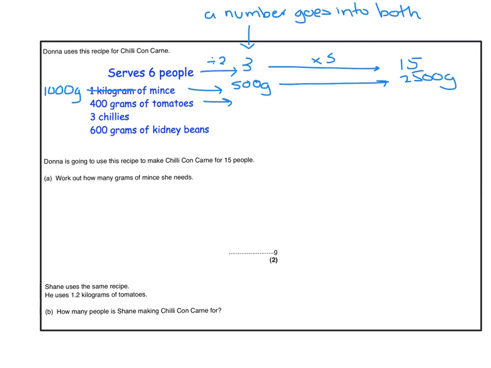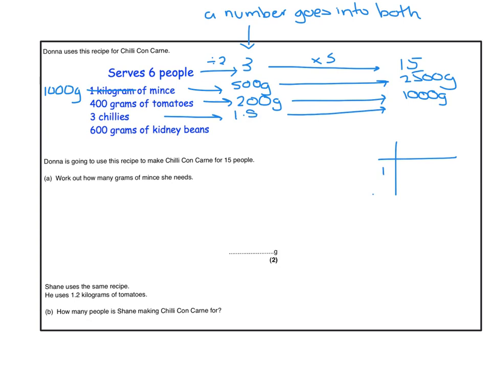400 divided by 2 is 200 grams, times by 5 is 1,000 grams. 3 divided by 2 is 1.5 chilies. 1.5 times 5, just do a little grid if you need to.